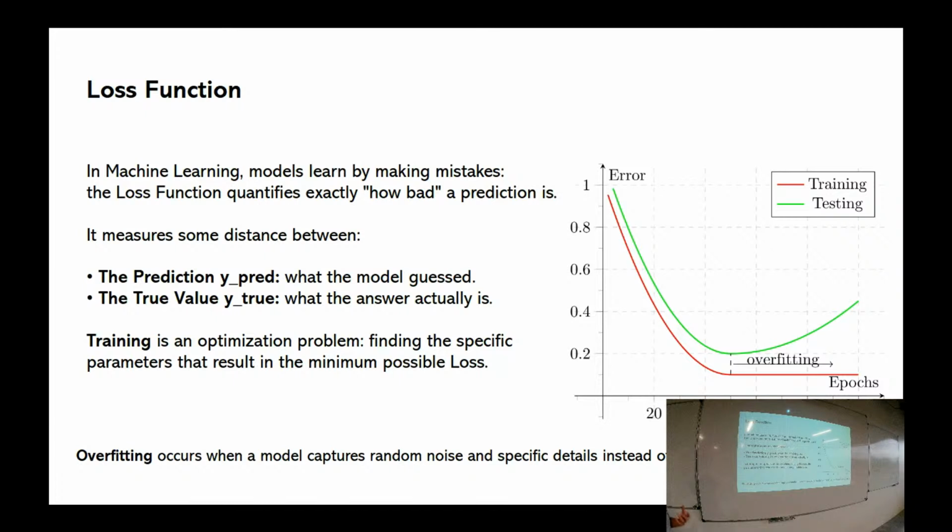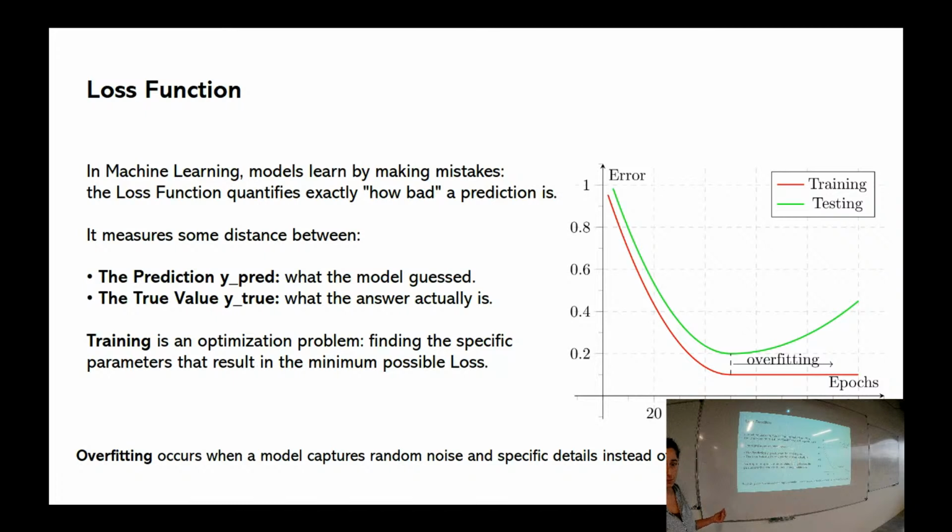So basically in machine learning, you input the data to some model, let the model make some operations on your data, and then in the end, you ask the model to make your prediction, to make a guess. And at the beginning, the model's guess will be completely wrong. So we say that the model learns by making mistakes. The loss function quantifies mistakes, so how wrong you were in your prediction.